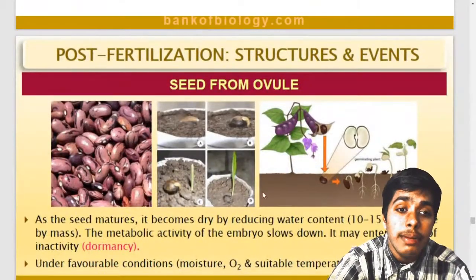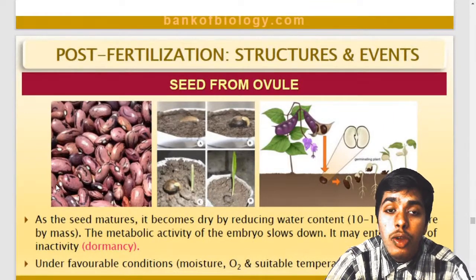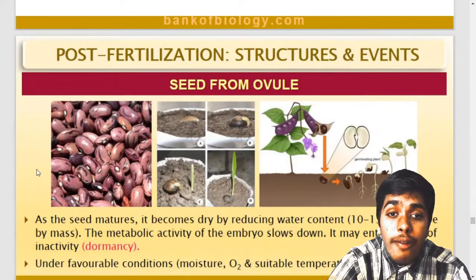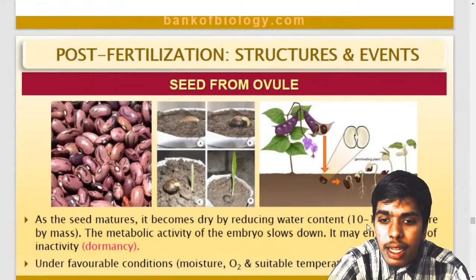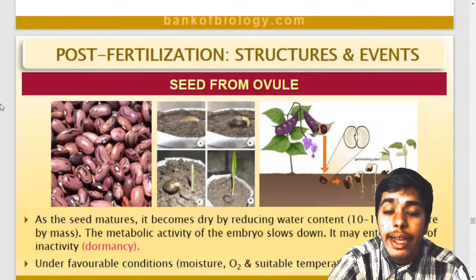As the seed matures, it becomes dry by reducing water content. As they mature, you can feel that the seed does not seem to have any water content, but it does: 10 to 50% moisture by mass. The metabolic activity of the embryo slows down. Why does it slow down?